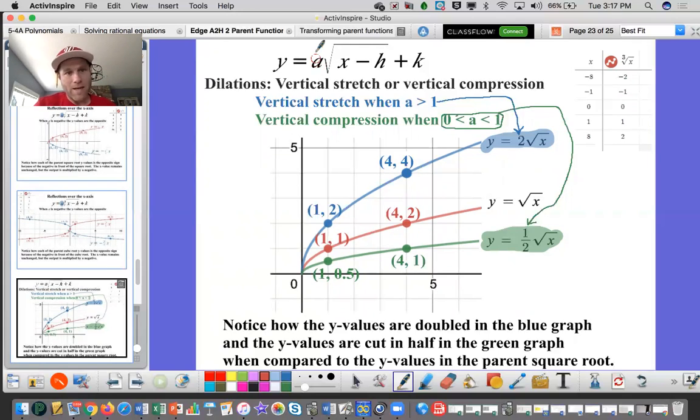Okay, and after we multiply it by that number, then we have to add this number here if there happens to be a number. So if we look at these, right here, our parent function 1, 1, 4, 2, and so on.